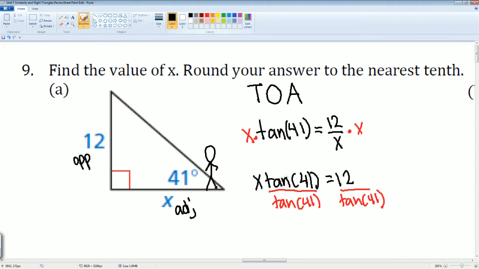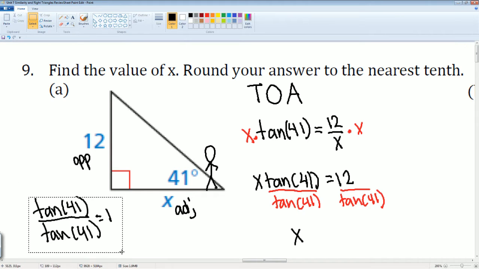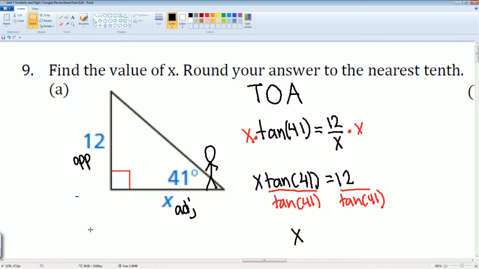Why do I do that? Because I should get x alone here. This tan 41 divided by tan 41 is just equal to the number 1. Any number divided by itself is just 1. This is going to be equal to 12 divided by tan 41.